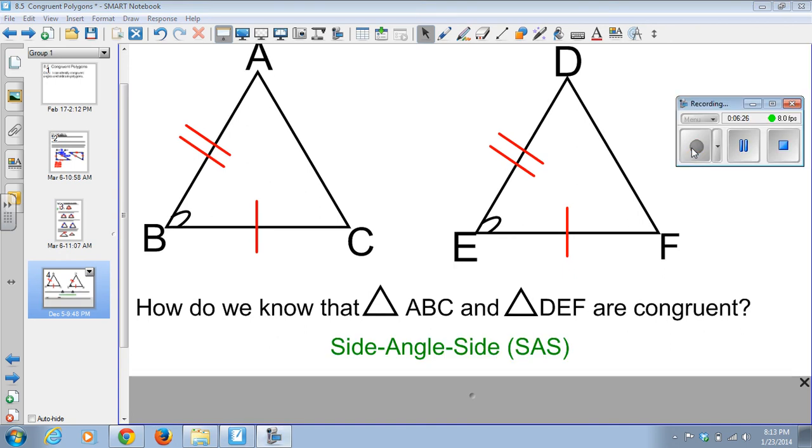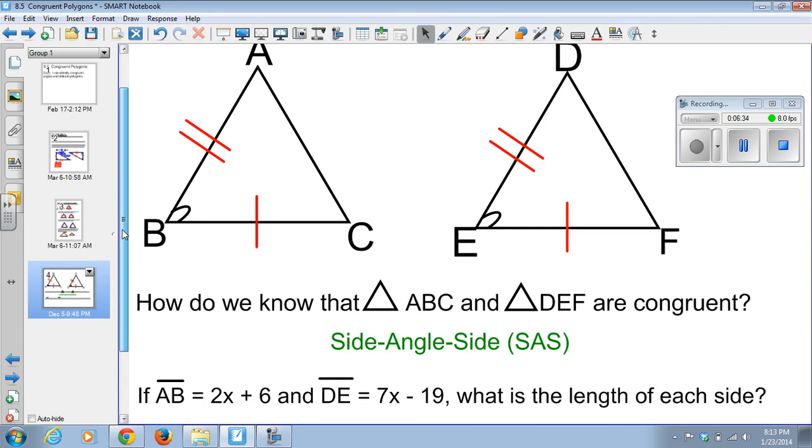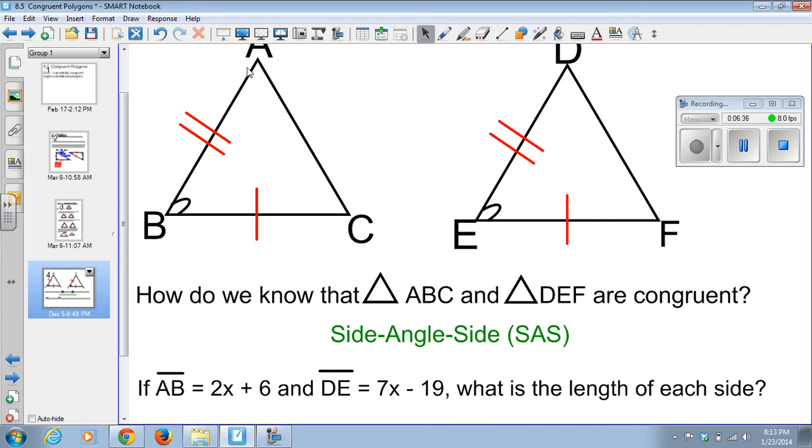Since we know these triangles are congruent based on side, angle, side, we can go ahead and then solve the following equation. If side AB equals 2x plus 6 and side DE equals 7x minus 19, what is the length of each side? Now, since we know these sides are congruent, that tells us to set up these two expressions equal to each other.